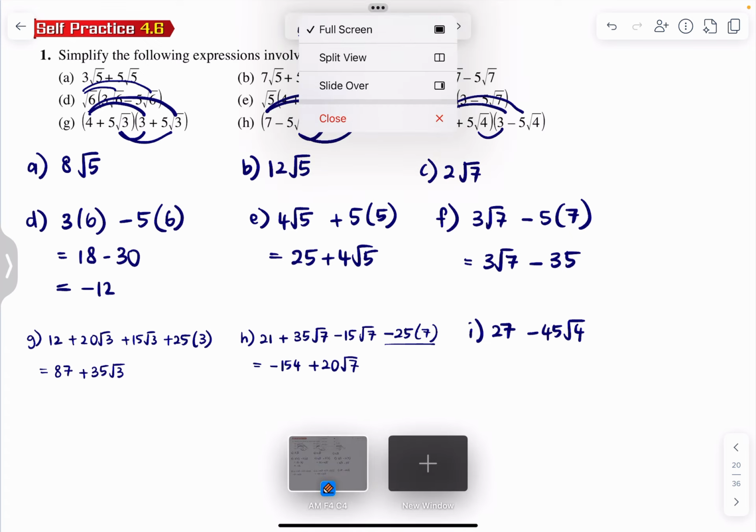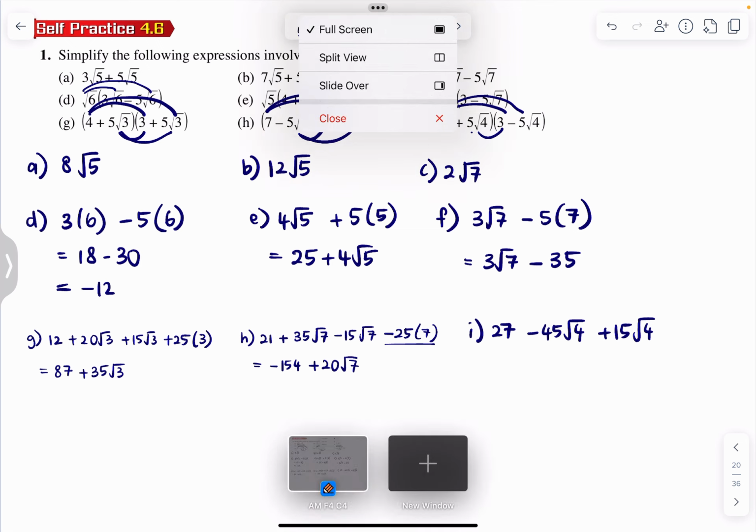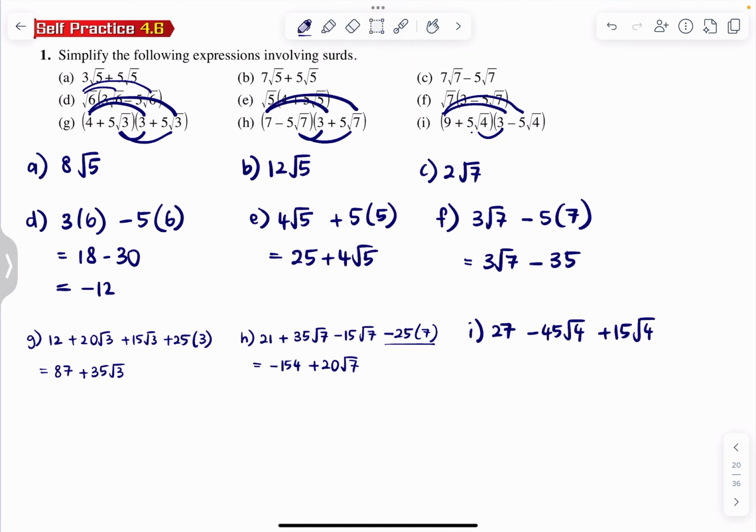This times this, again, 5 you must times 3, so 15 surd 4. Then this times this, same thing, 5 times negative 5 is negative 25. Surd 4 times surd 4 is just 4.